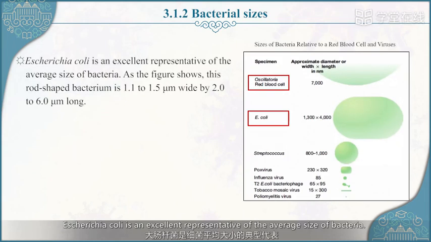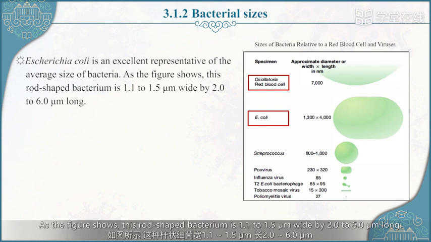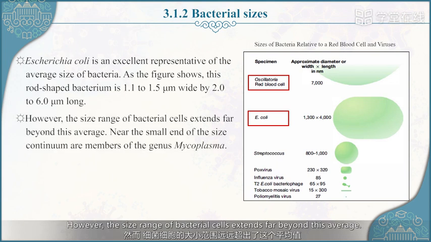Escherichia coli is an excellent representative of the average size of bacteria. As the figure shows, this rod-shaped bacterium is 1.1 to 1.5 microns wide by 2 to 6 microns long. However, the size range of bacterial cells extends far beyond this average.